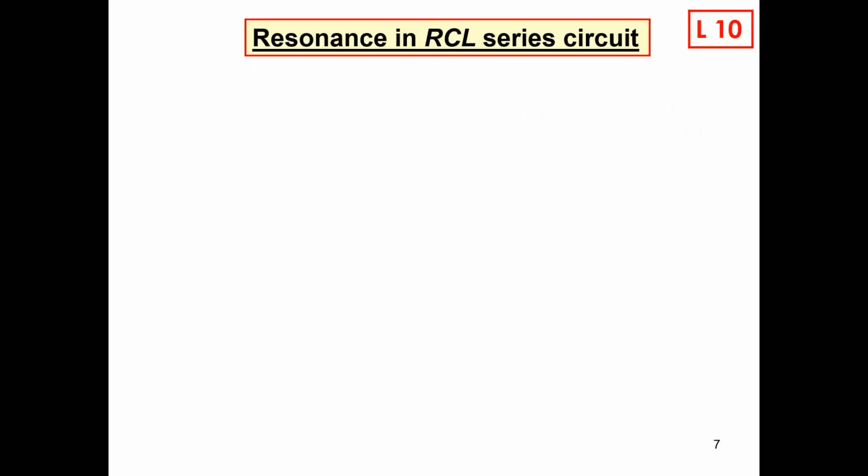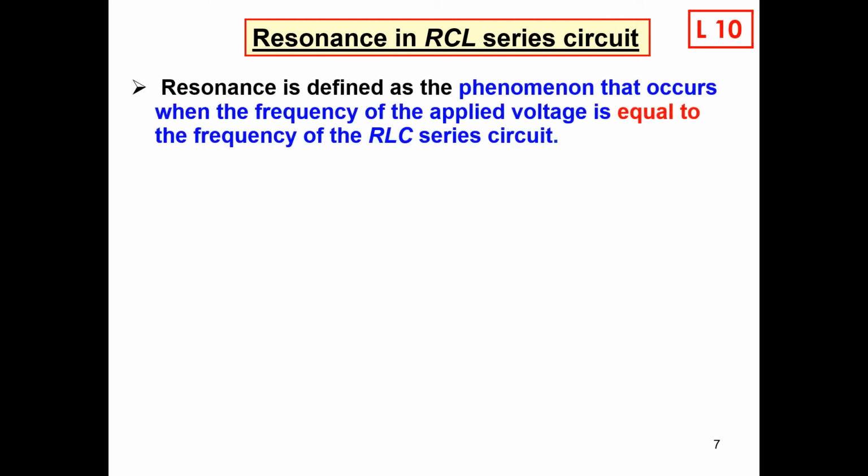Resonance in RCL series circuit, or RLC series circuit. Resonance can be found in a circuit that consists of the combination of resistor, capacitor and also inductor. Look at the definition of resonance.